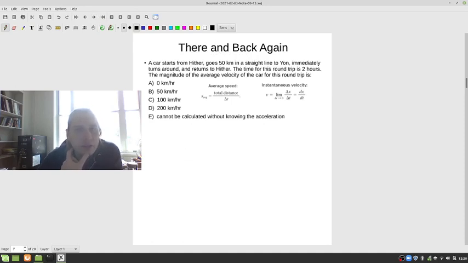Okay, so here's a sort of easy problem, hopefully. It says a car starts from hither, goes 50 kilometers in a straight line to yon. Hither and yon. 50 kilometers. Immediately turns around and returns to hither. The time for this trip is 2 hours. So you go there and you come back. And that time is 2 hours.